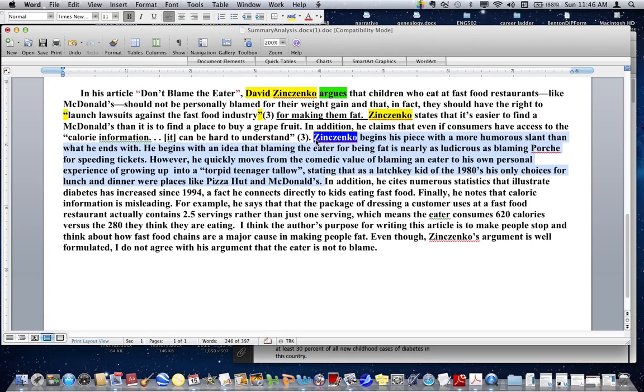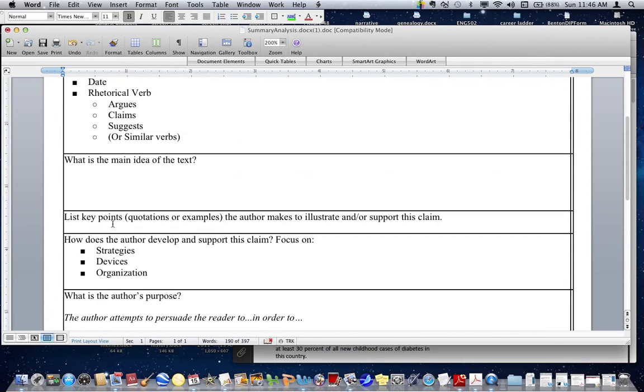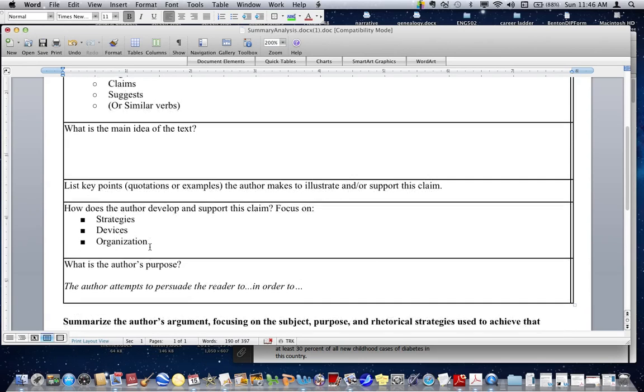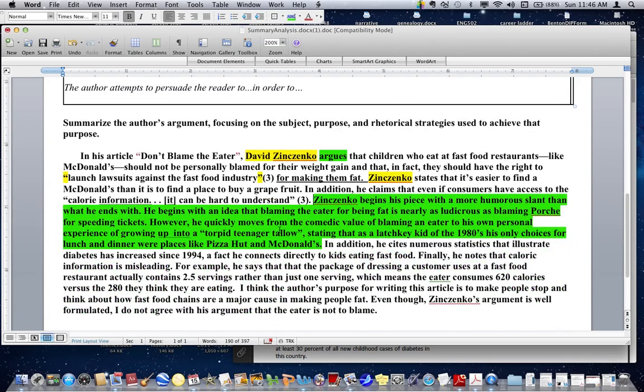At this point, we're beginning to analyze how the article was actually written. If you remember, how does the author develop? We're thinking about the ways that the author actually develops the article, and this is how he begins, and this is the direction he goes.